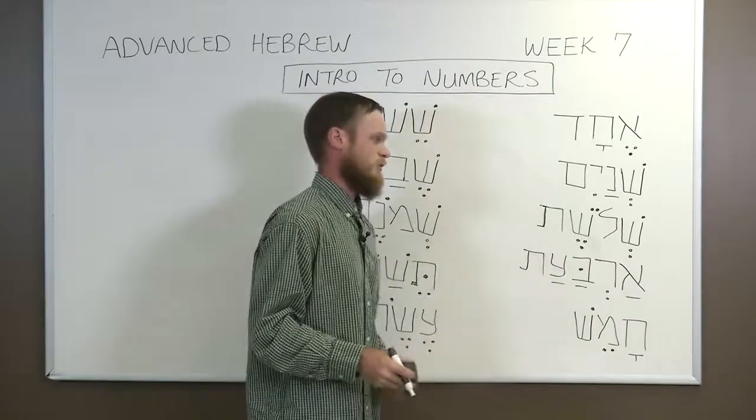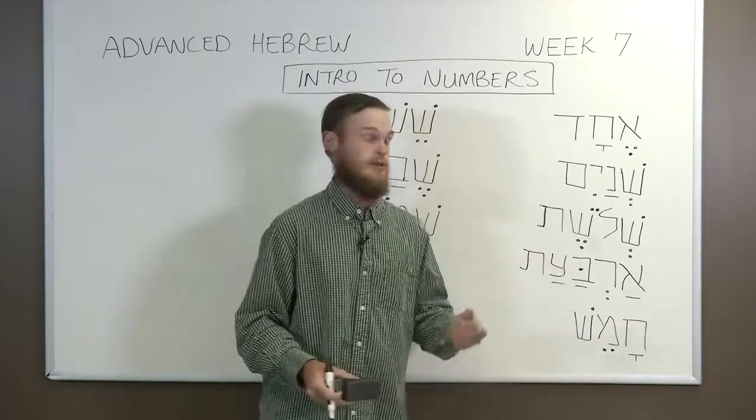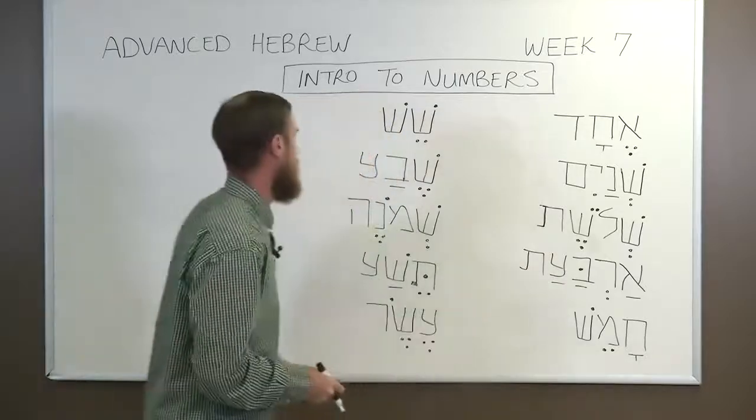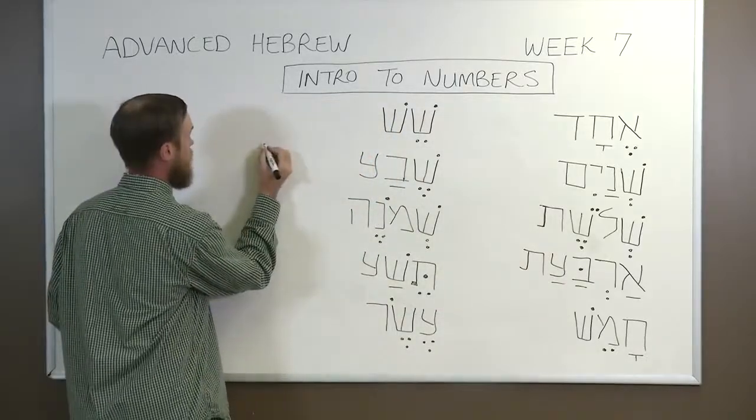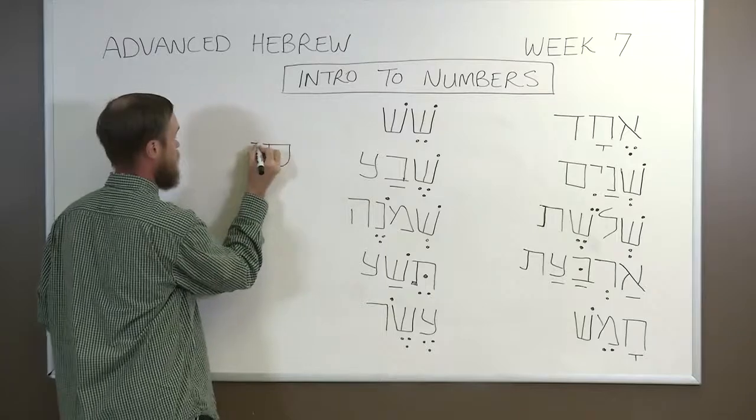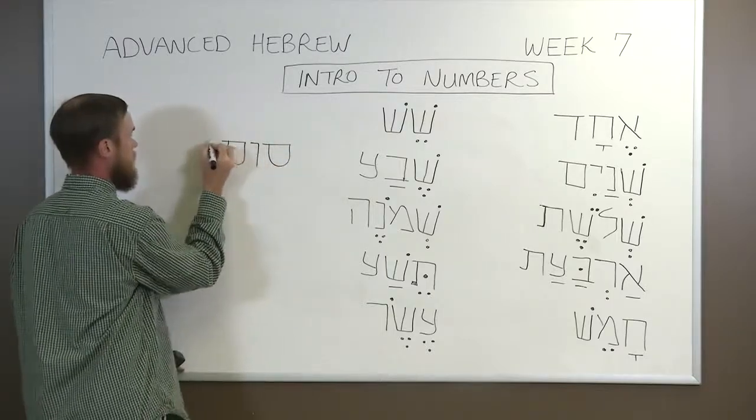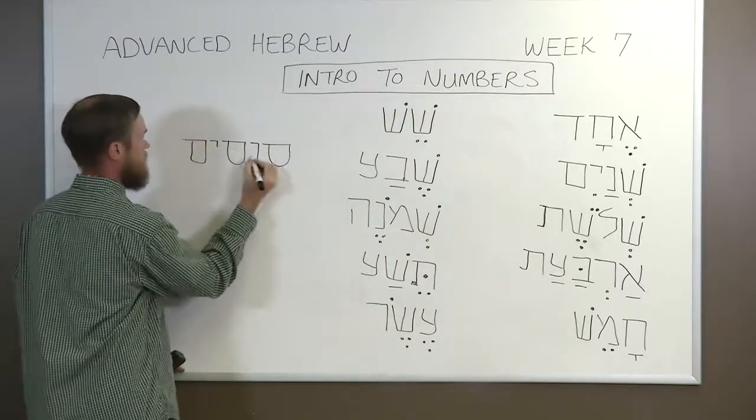And we'd have to use these forms for masculine nouns. So if we were to say 3 horses, we could say susim shalosh, or I'm sorry, susim shalosha, because sus is masculine.